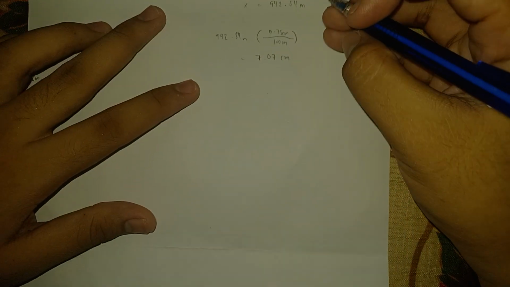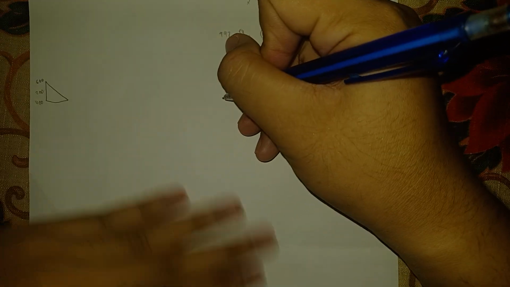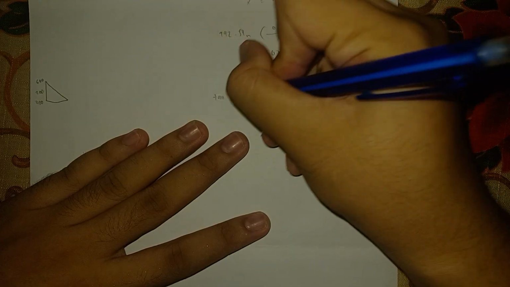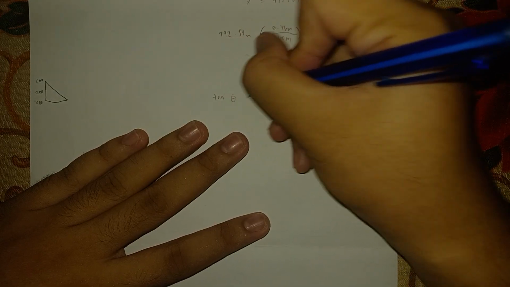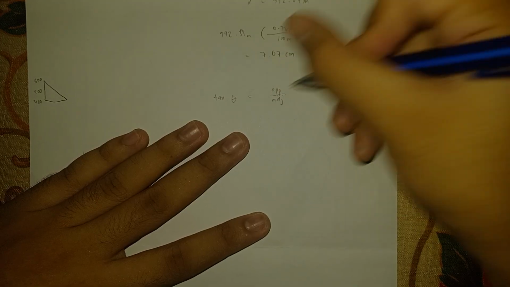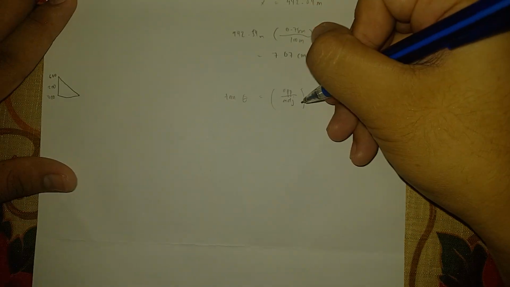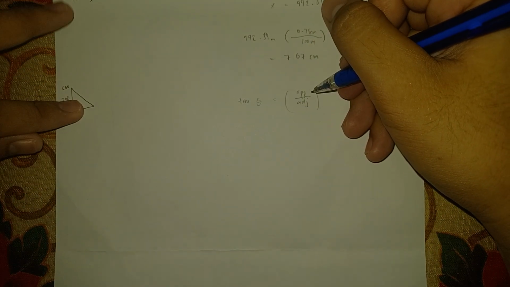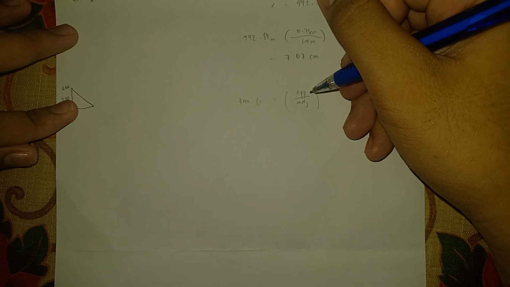Now, how do we solve for the angle? We will still use tangent. Theta is equal to opposite over adjacent. Now, how will we get the adjacent value over here?